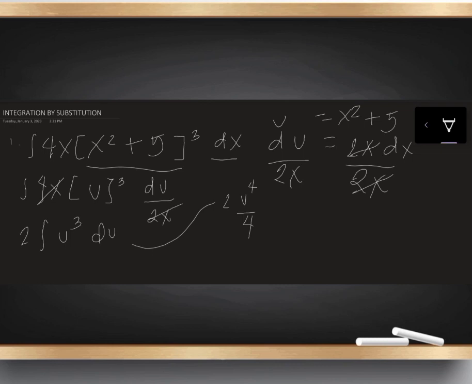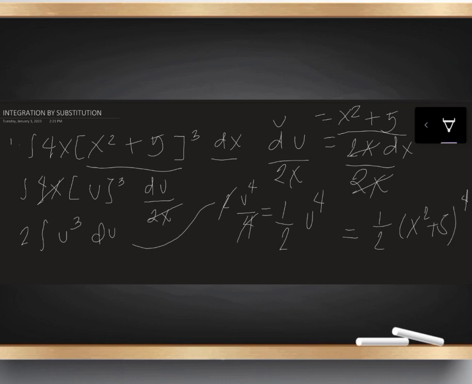This will be the answer, but it's not yet done. As we can see, we can cancel 2 and 4. So this will give us 1 over 2 u raised to 4. All we have to do now is replace u with x squared plus 5. So we're going to have 1 over 2 times (x squared plus 5) raised to 4.